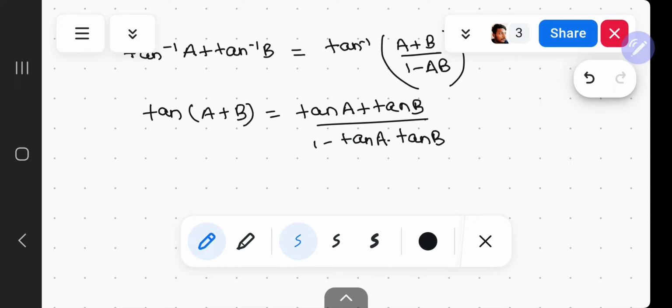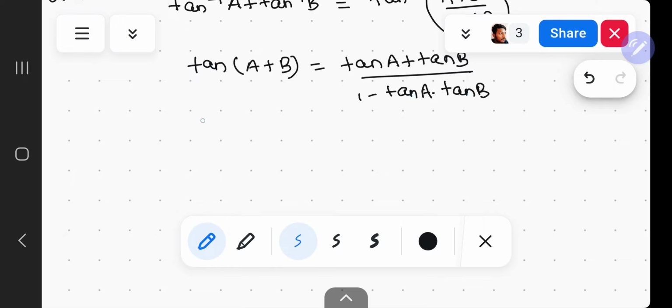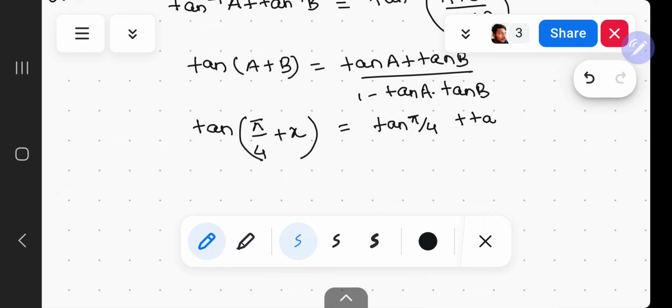Now, if one of the angles is x and one of the angles is pi by 4, so we'll be getting tan pi by 4 plus tan x by 1 minus tan pi by 4 multiplied by tan x.